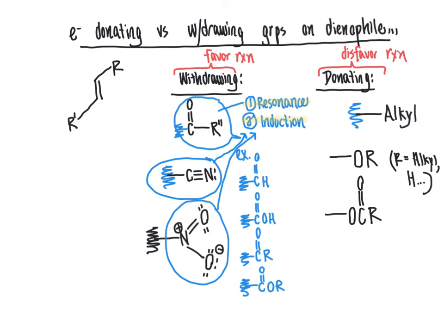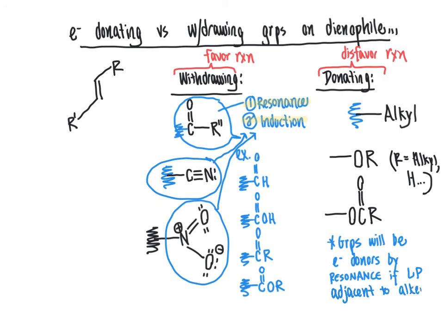And so the general rule here is that groups will be electron donating by resonance if there are lone pairs adjacent to the alkene.